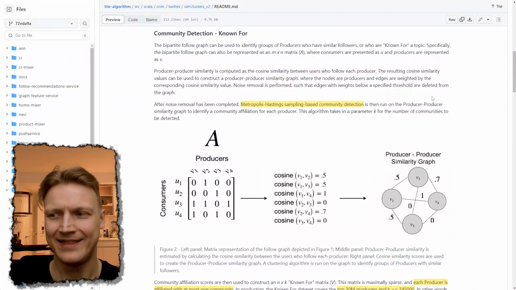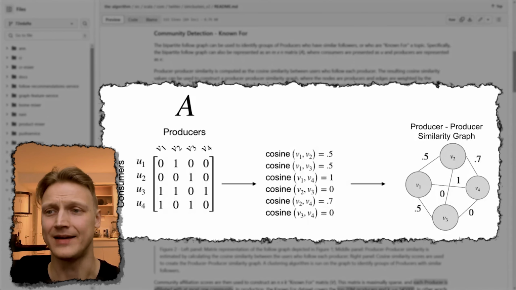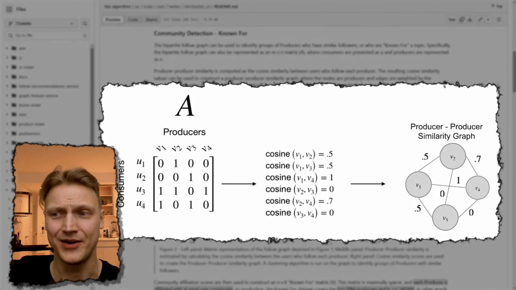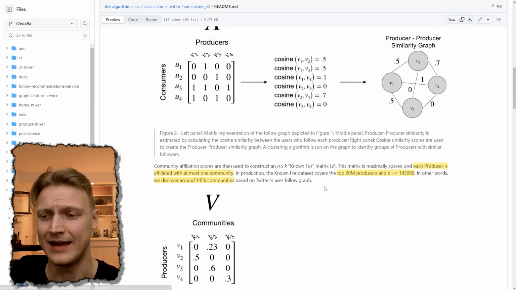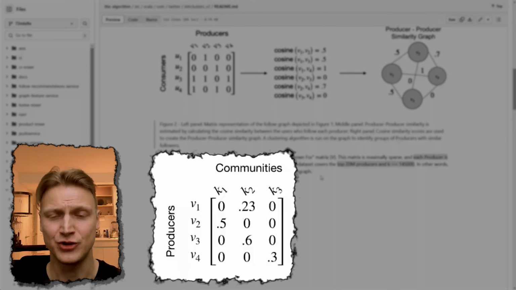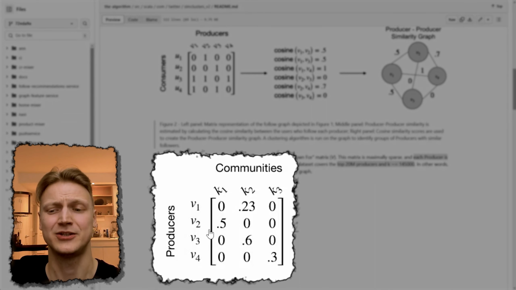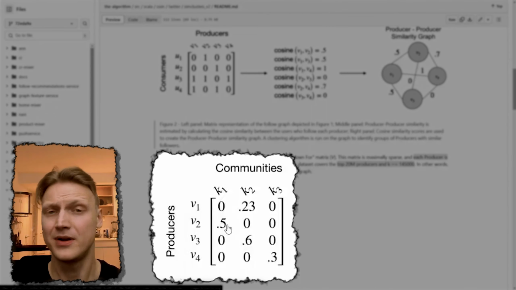Then they translate that to a producer-producer similarity graph by computing the cosine similarity between users who follow each producer. Then they apply this Metropolis-Hastings algorithm to determine a fixed number of communities in the form of a matrix with values representing the strength of affiliation of a particular producer with a certain community.